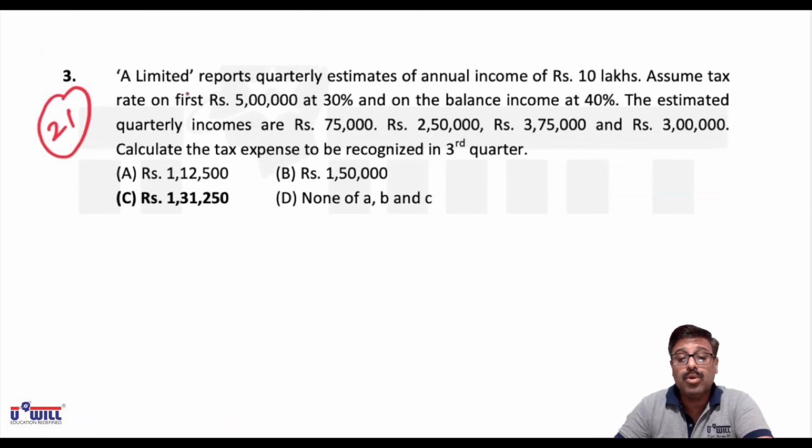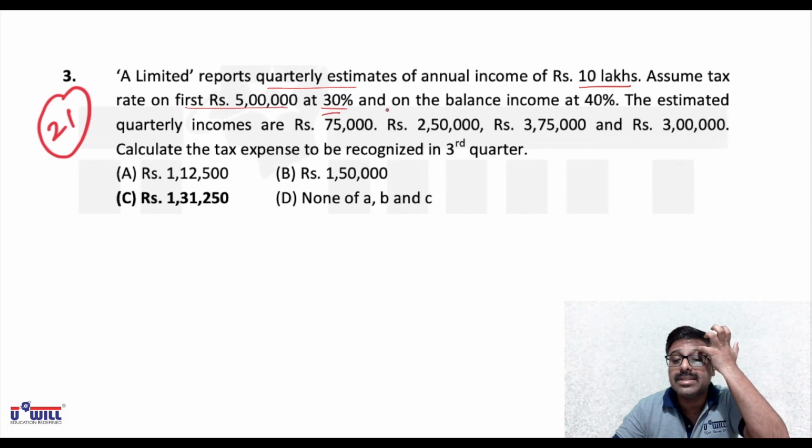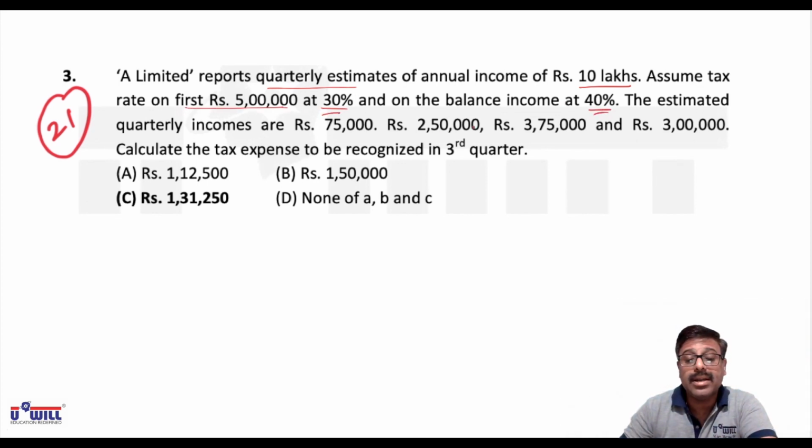A Limited reports quarterly estimates of annual income of rupees 10 lakhs. Assuming tax rate on first rupees 5 lakhs at 30% on balance income at 40%, the estimated quarterly incomes are 75,000, 2,50,000, 3,75,000 and 3 lakhs. Calculate the tax expense to be recognized in third quarter.